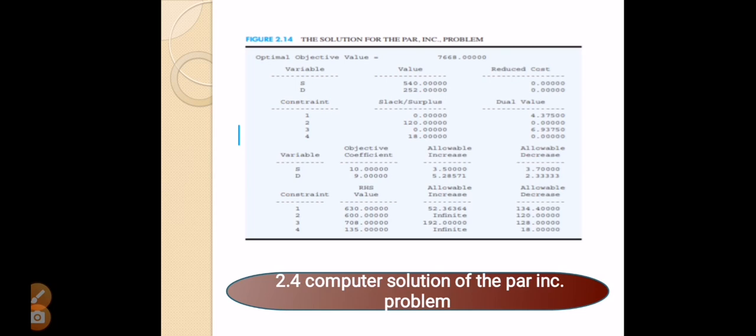2.4 Computer solution of Par Incorporated problem. Computer programs designed to solve linear programming problems are now widely available. After a short period of familiarization with the specific features of the package, users are able to solve linear programming problems with few difficulties.